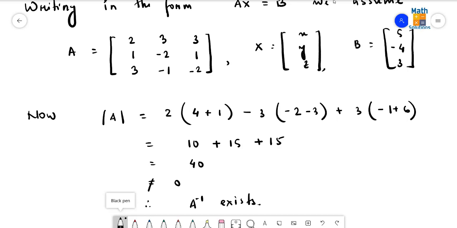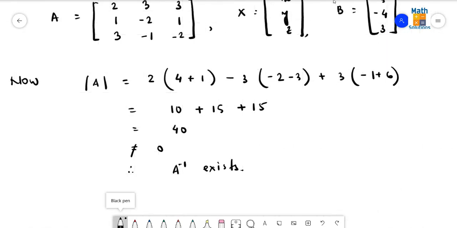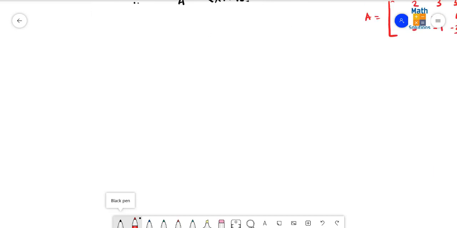Then I shall prefer to write down the matrix here for my own use. Matrix A is obtained as 2, 3, 3, then 1, −2, 1, then 3, −1, −2. So after this I shall find out the respective cofactors.